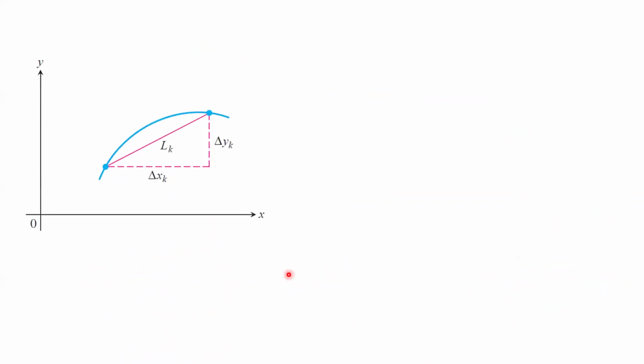In general, when you're trying to approximate the length of this line segment here, we have the function. We know that the function f is associated to x and function g is associated to y. Suppose the terminal point is denoted by p sub k and it's equal to the x value, which is f of tk, and the y value, which is g of tk.